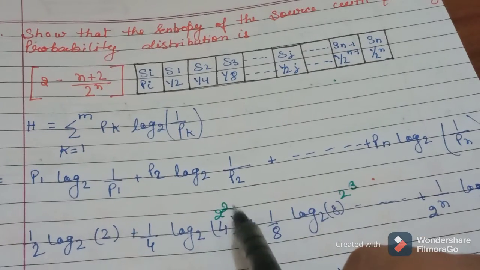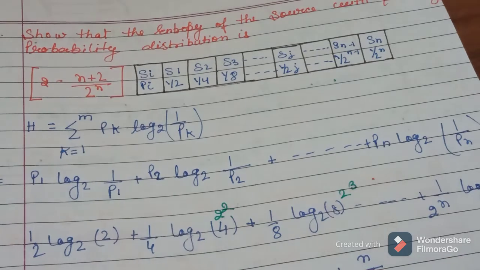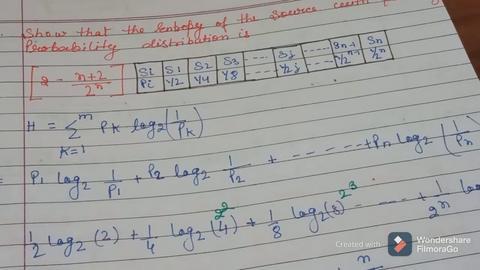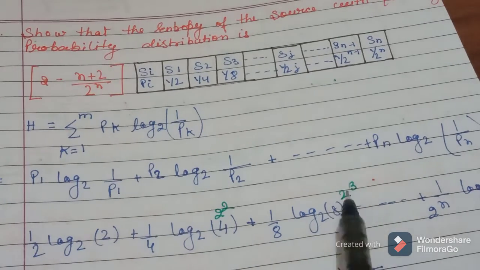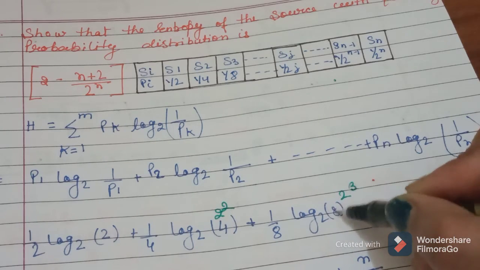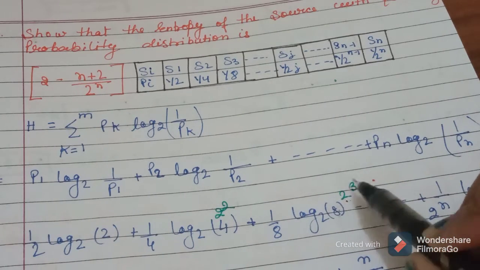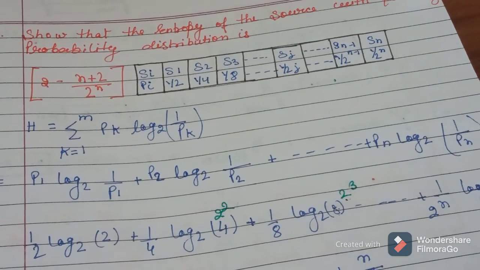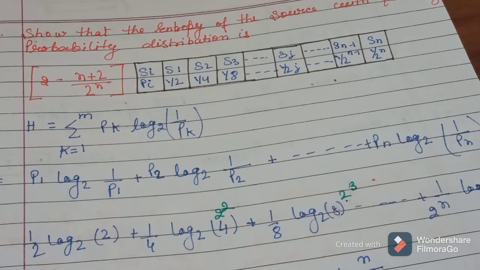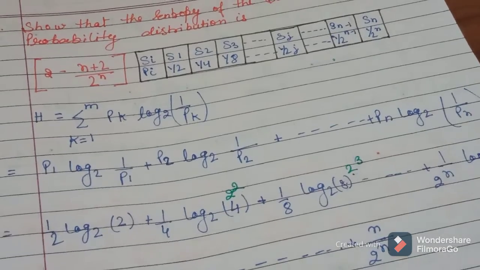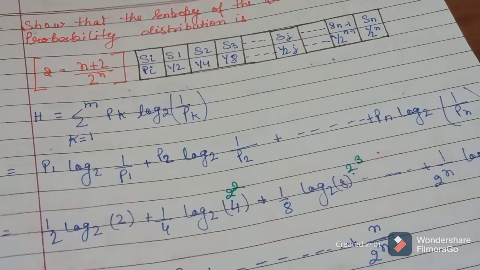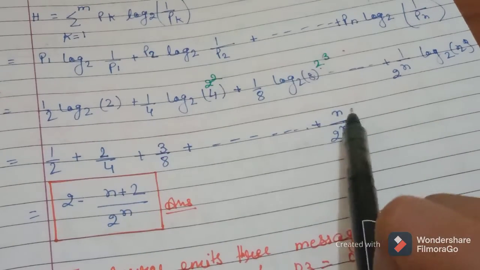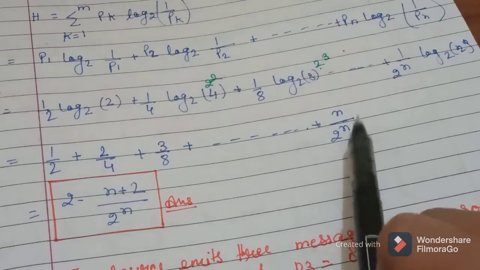The 2 power comes in front, so the terms become 2 over 4, and 3 over 8, with 3 coming from 2 cubed, and the same for 2^n. We can solve this with the help of a scientific calculator, and this is the result on our side.